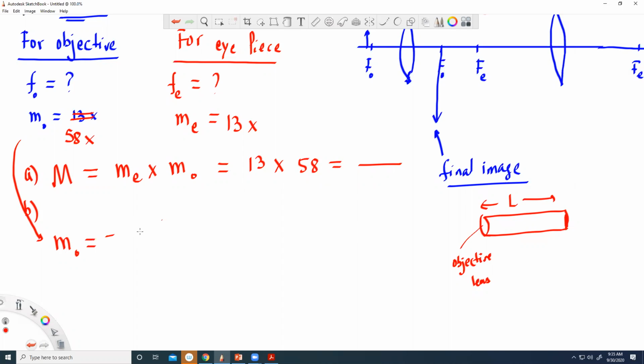In this case, image distance is L. That's the distance between image and the lens. And the object distance is near the focal length, so we use FO. Okay, so that's the magnification of objective. And to find FO, we can rearrange that. So minus L over MO.